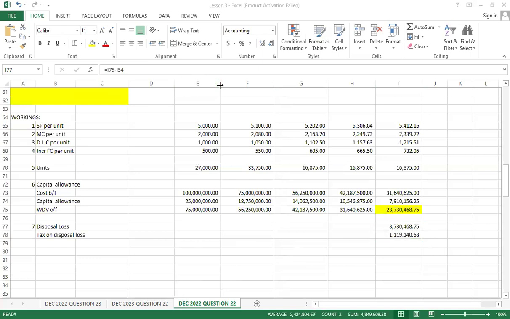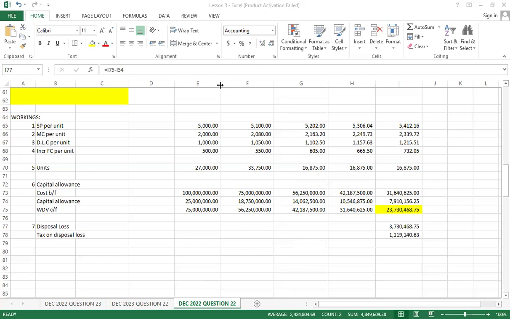Jeff is asking whether we tax a loss. Jeff, in practice we don't. We only tax profits in practice. But then on paper, the story may change.